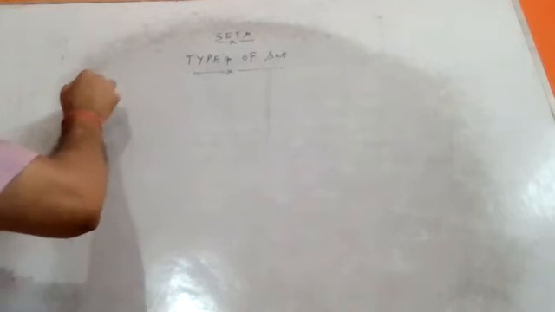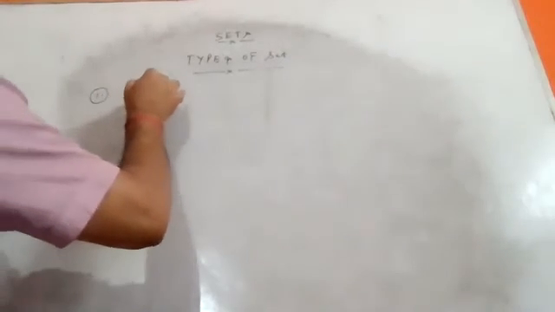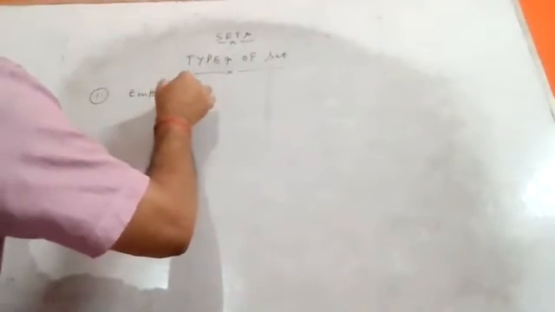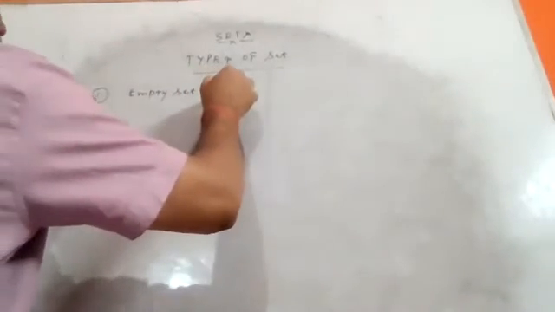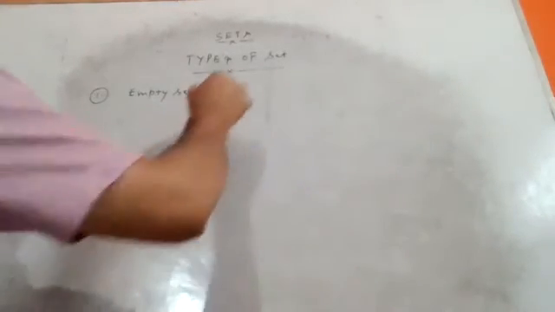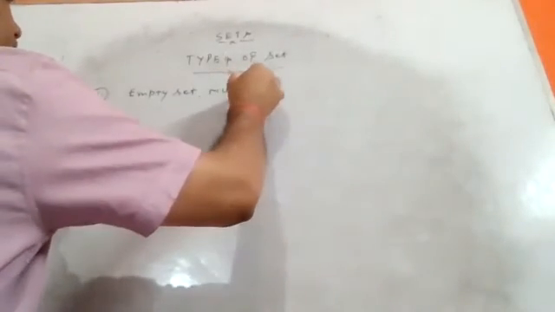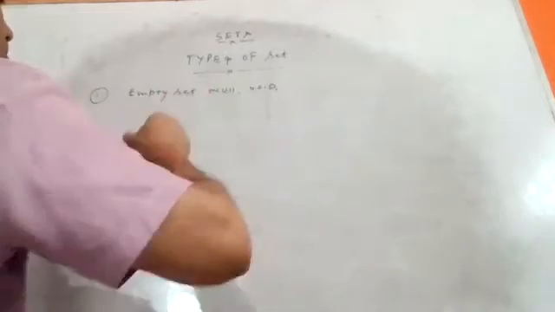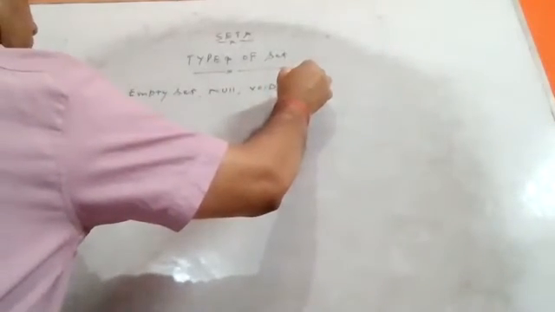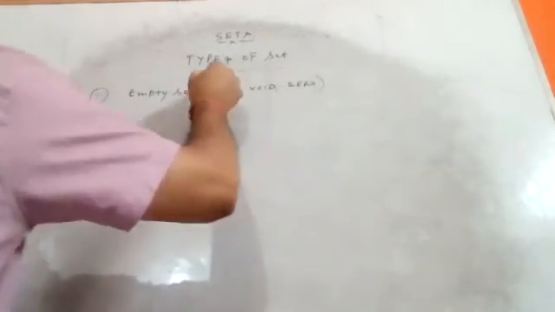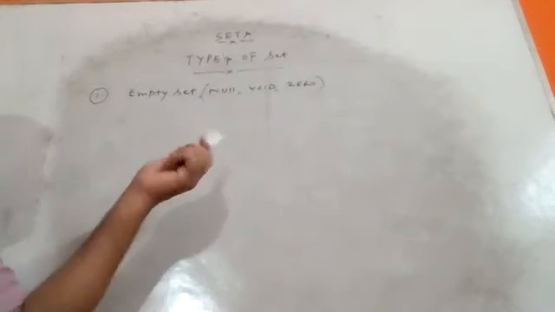First of all, first is your empty set, or you can say null set. Some writers write the null set. Some writers use the word void set. Some writers call it zero set. These are the different words used by writers. Someone says null set, one void set, zero set, and so on.